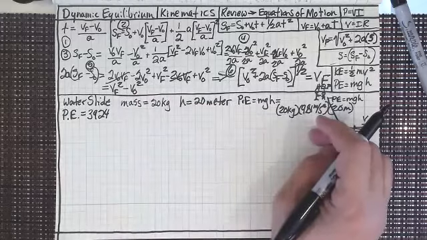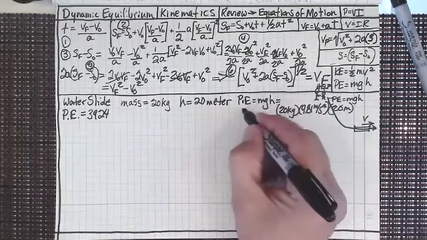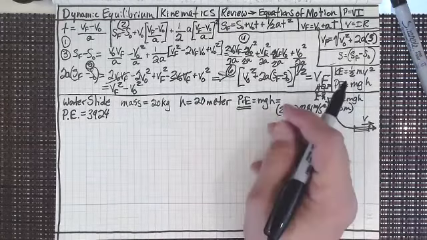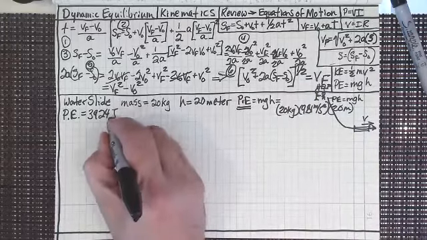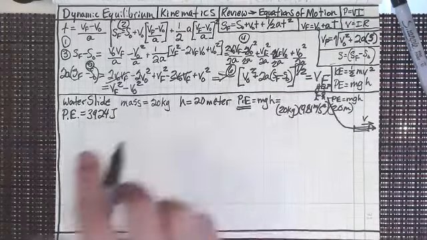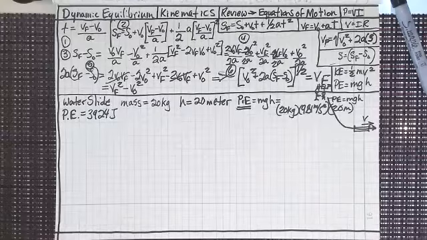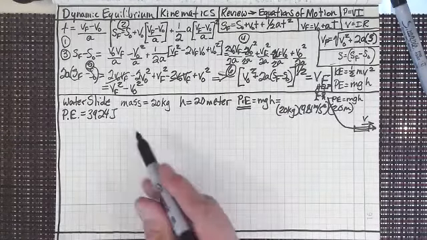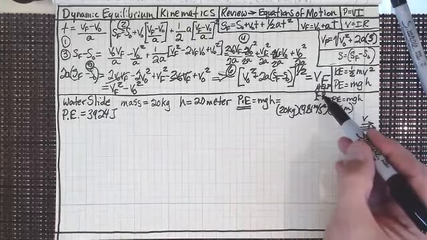It's a unit of energy, isn't it? So we know that it would be joules. So 3,924 joules.